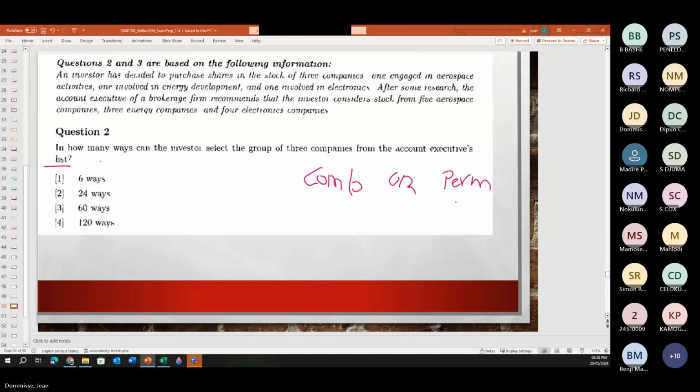So on some of your calculators, you've got the formulas nPr for permutation, and some of your calculators do have nCr.